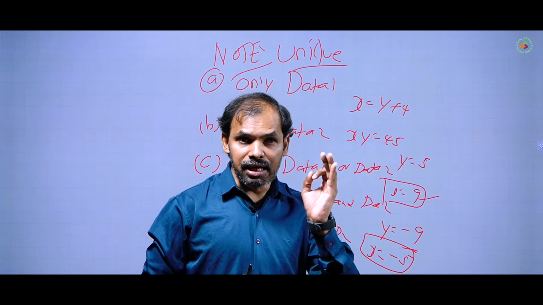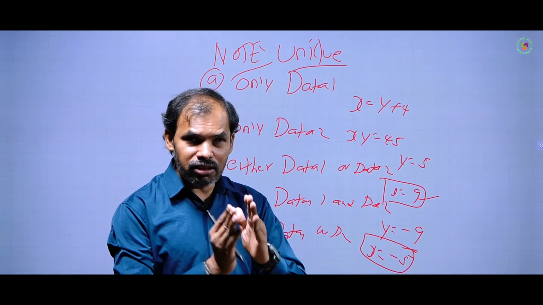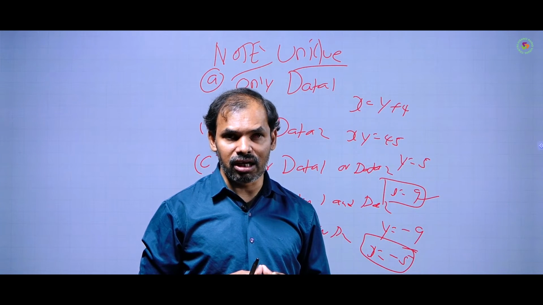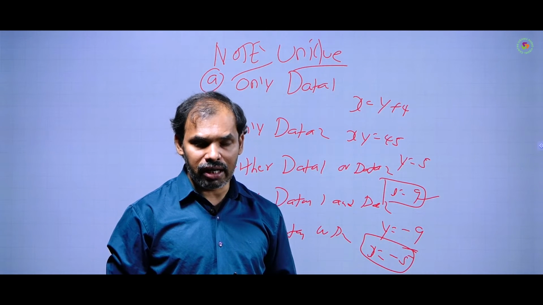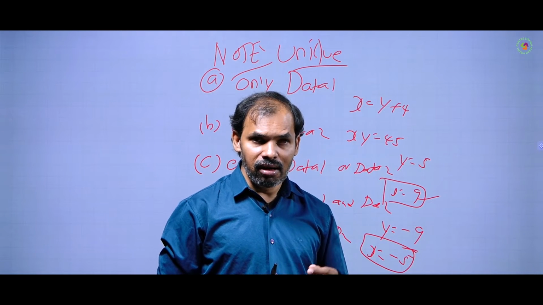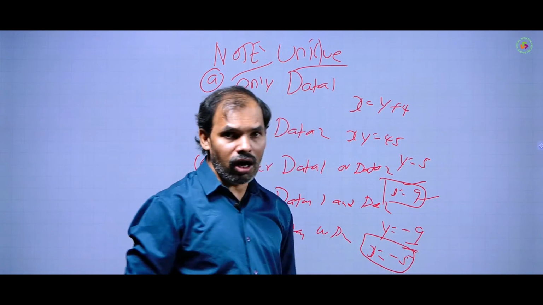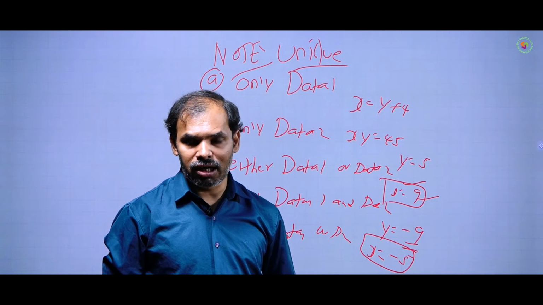Third option, either data 1 or data 2 is required to answer the question. By using data 1 alone or data 2 alone you can answer, then C is correct. It is not possible. Next D, both data 1 and data 2 are required. By using both data, yes, you are getting answers, but the problem is you are getting multiple answers. So option E is correct: neither data 1 nor data 2 is required to answer the question.